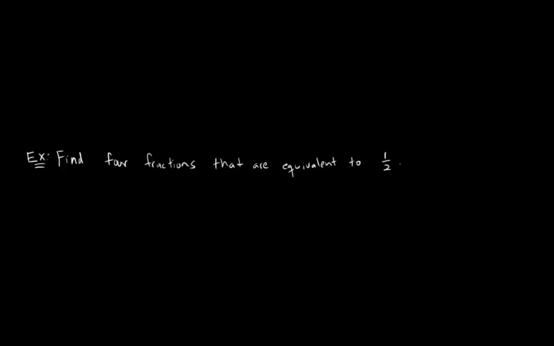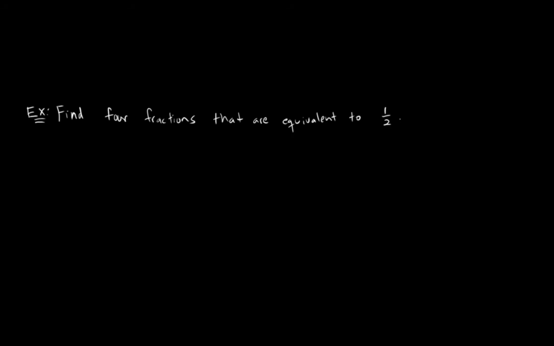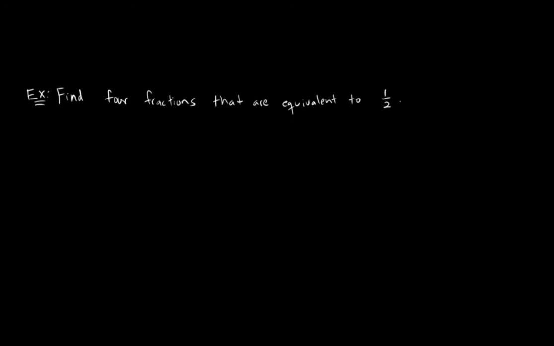And the last example says, find 4 fractions that are equivalent to 1/2. As mentioned before, you can multiply the fraction by any number you want and you'll get an equivalent fraction, as long as you multiply the numerator and the denominator by the same number. So we can say, okay, I'm going to multiply this by 10.